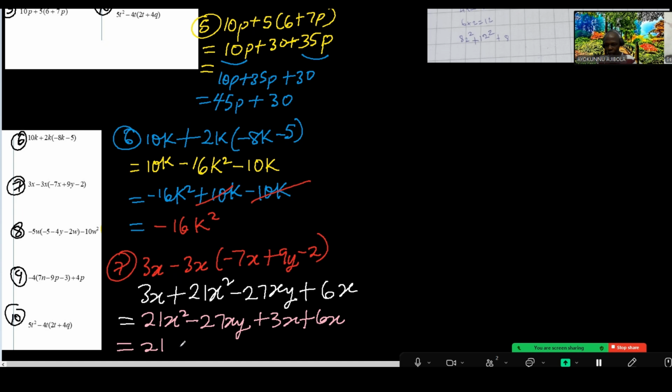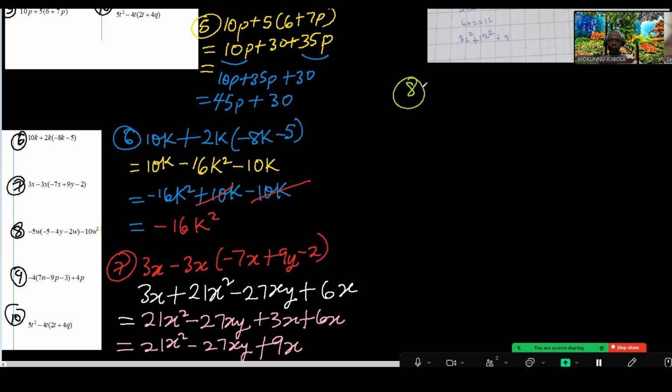So this is 21x squared minus 27xy. Then 3x plus 6x is 9x. So we have 9x. They don't have the same letters beside them. So that's your answer.